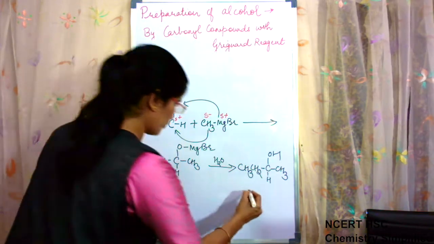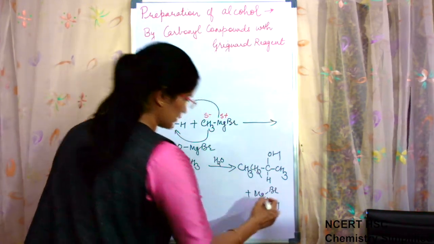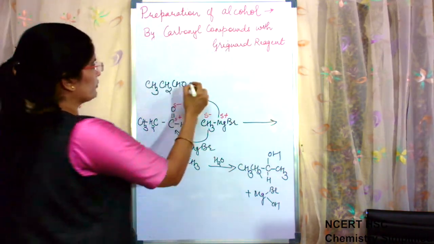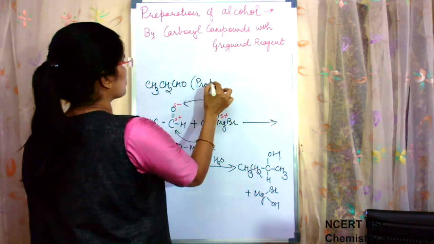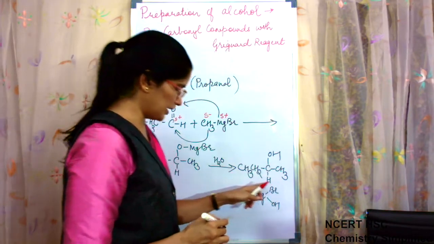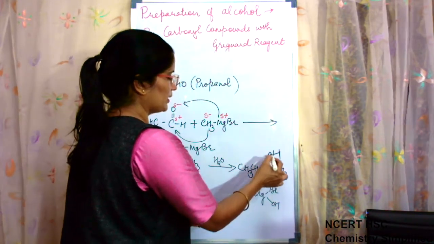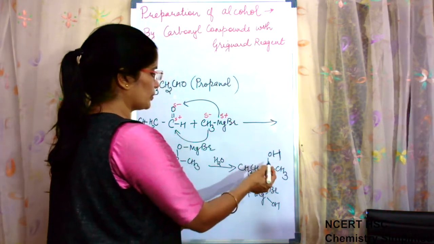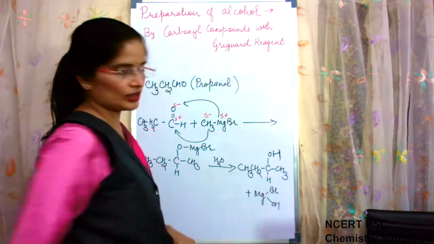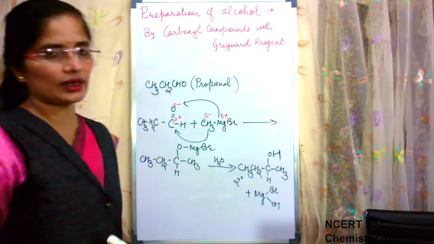This OH will be formed plus MgBrOH as byproduct. In this case also, when we have used propanal, we are getting an alcohol. The carbon atom which bears the alcoholic or functional group is attached to two carbon atoms. So this is a 2 degree alcohol.